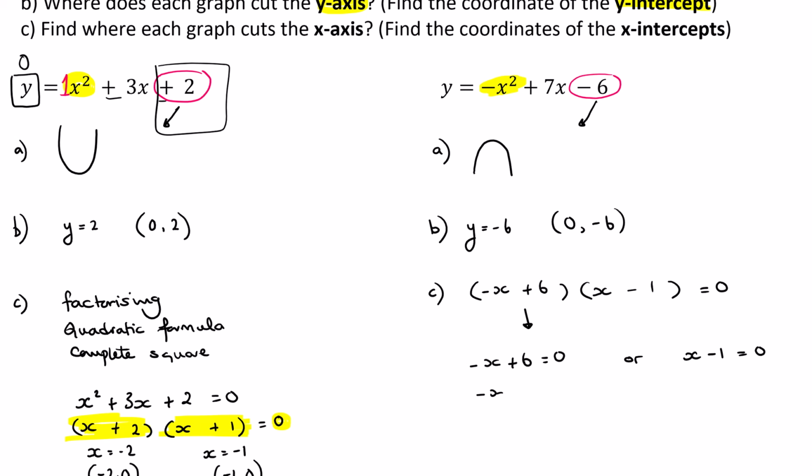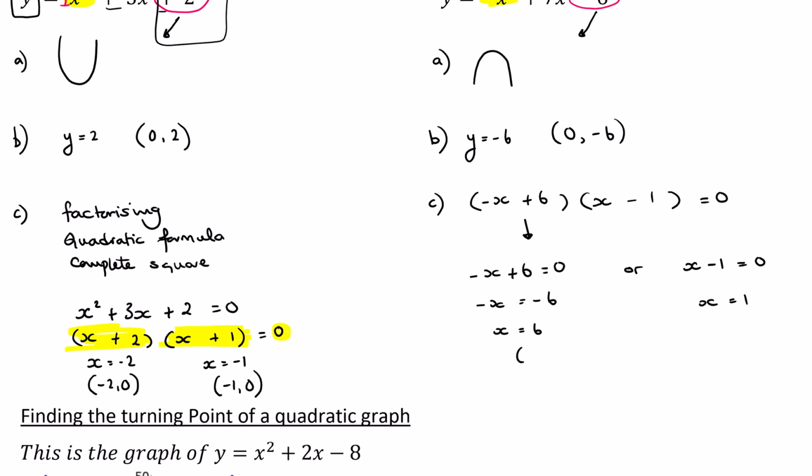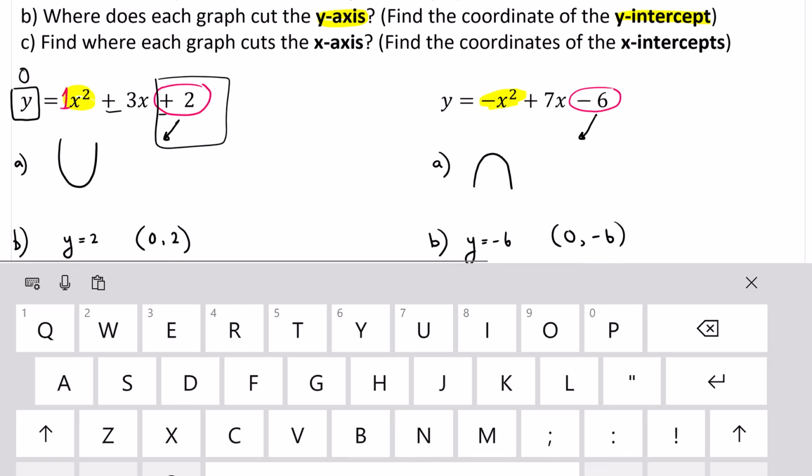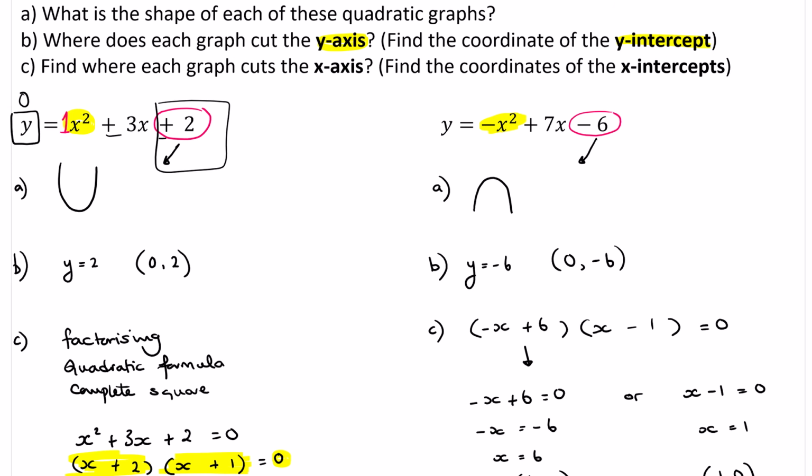So this is negative x equals negative 6, therefore x equals 6, or this is x equals 1. So the x-intercepts here are 6, 0, and 1, 0. So what you need to know is that to find x-intercepts, you need to factorize or use the quadratic formula or complete the square, but you need to solve the equation when y equals 0.